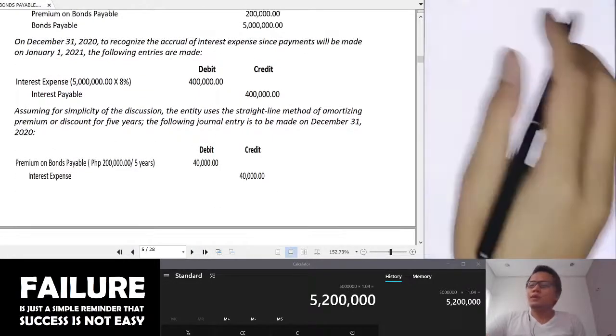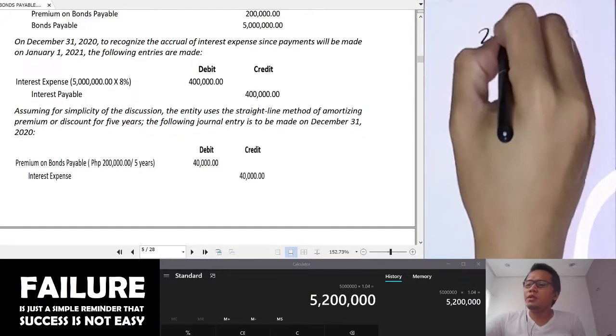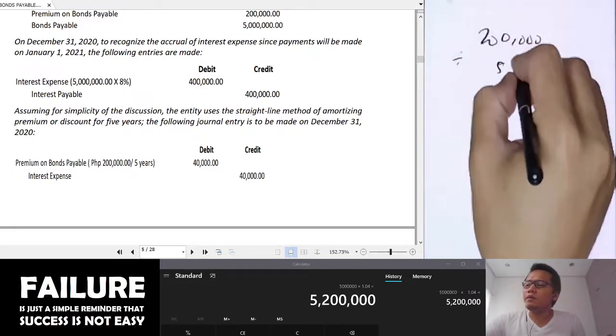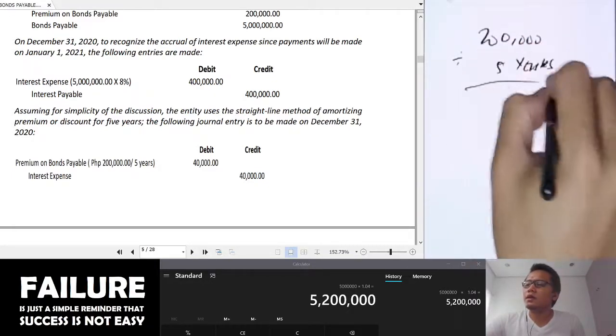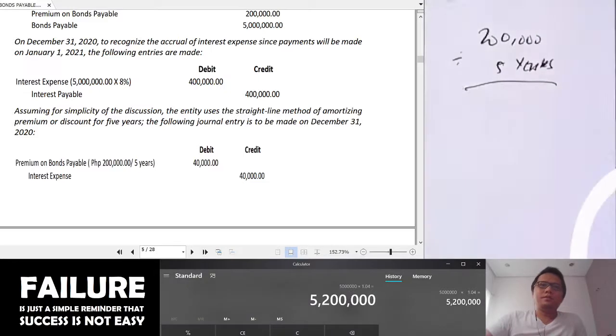So, under the straight line method, the premium, which is amounting to 200,000 divided by 5 years, the annual amortization of the premium basically is 200,000 divided by 5.